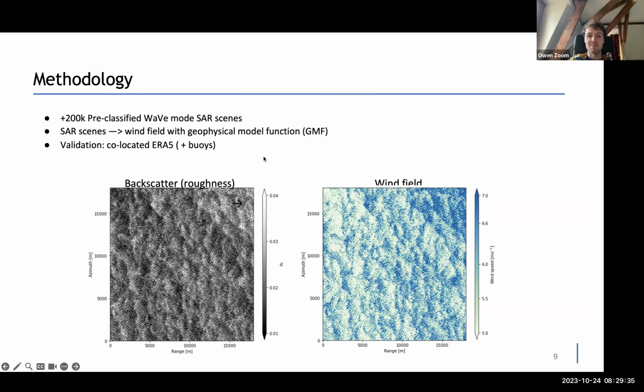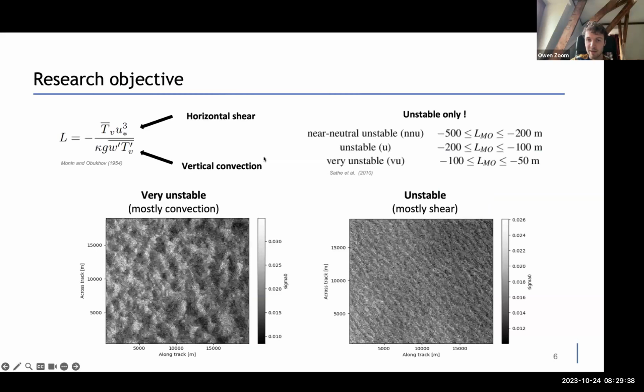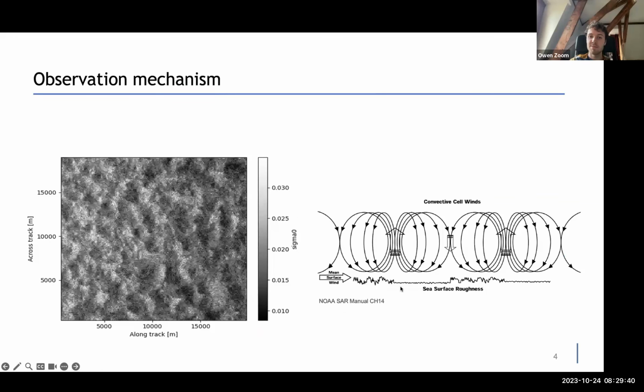Because of course, if we have these cells, if I go back to the schematic, we have different wind directions occurring at different locations in our image. And this is not taken into account in this conversion. So there again, our conversion is making errors.